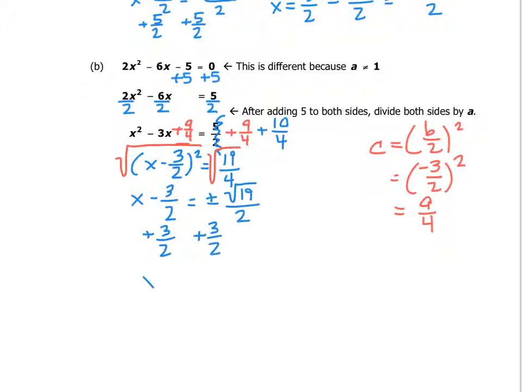And that's going to give me x equals 3 over 2 plus or minus the square root of 19 over 2. Another way I can write that is 3 plus or minus the square root of 19 all over 2.